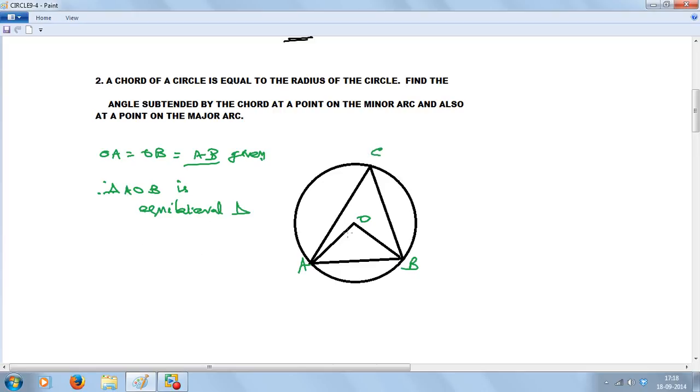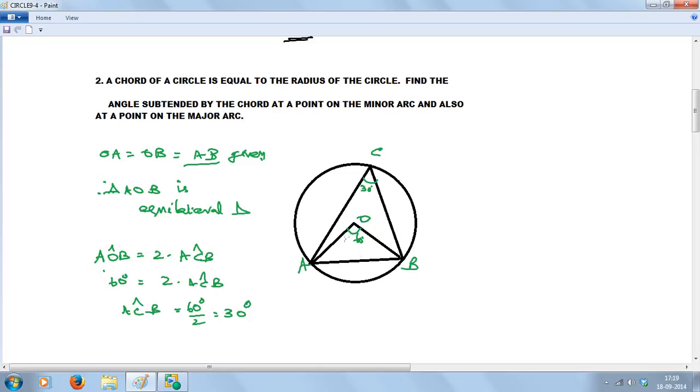What is the angle? Half of AOB. Equilateral triangle means AOB is 60 degrees. So ACB is 30 degrees. How? By the theorem, angle AOB is equal to 2 times angle ACB. So 60 degrees is equal to 2 times ACB. So angle ACB is equal to 60 degrees divided by 2, which is 30 degrees.